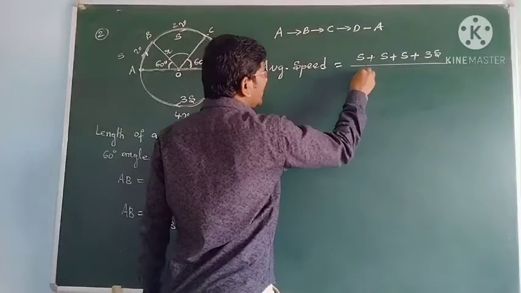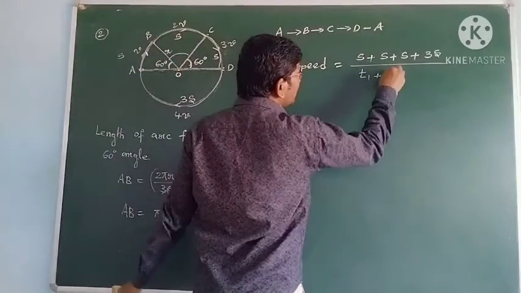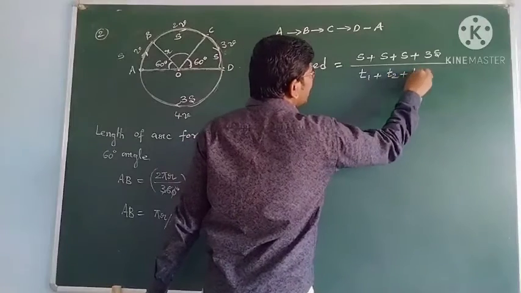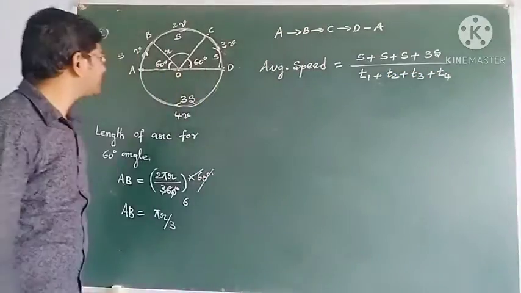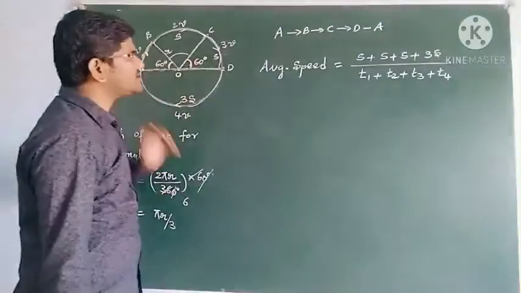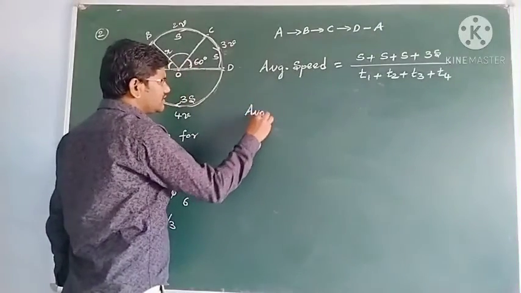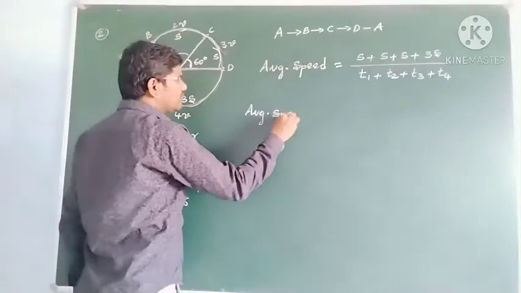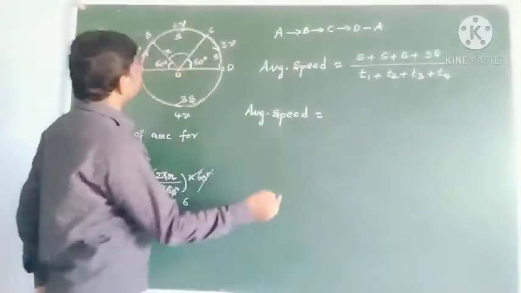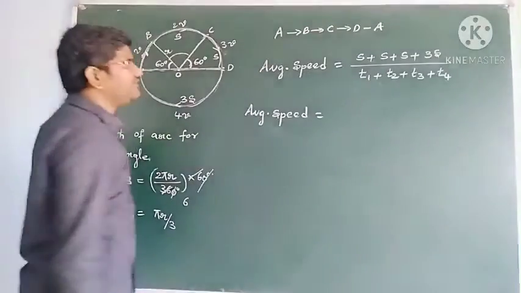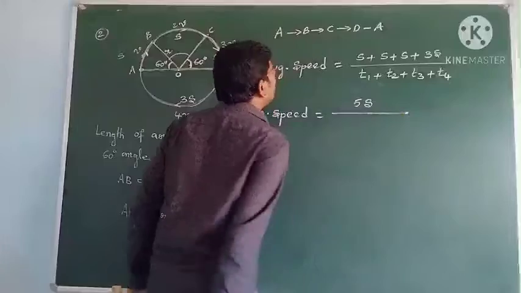So the total time you will get T1 plus T2 plus T3 plus T4, because it is moving in 4 parts. Then average speed, how will you get, you see students? Total distance you will get 5S by T1.